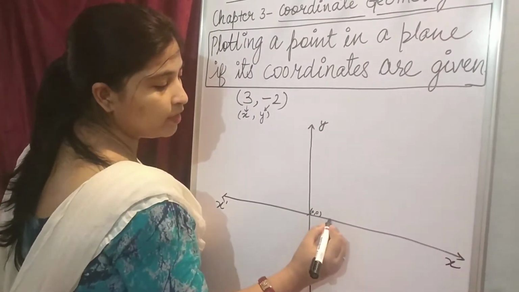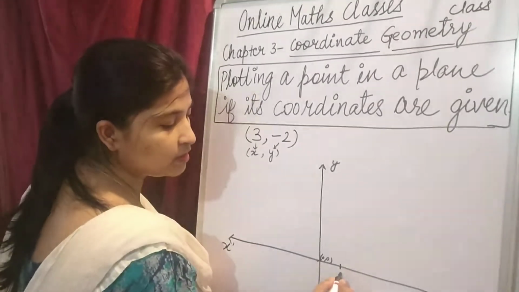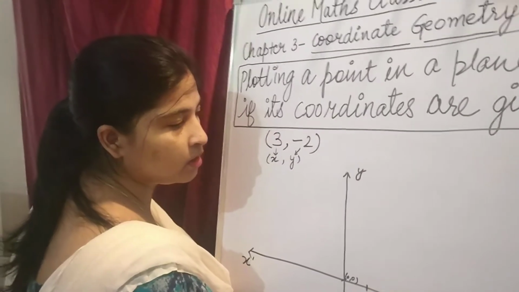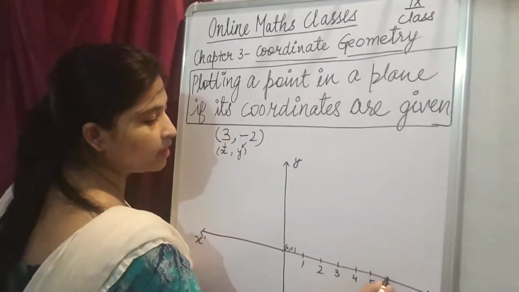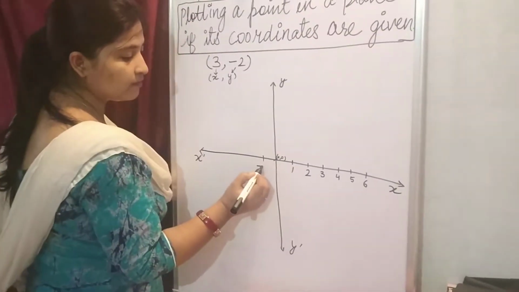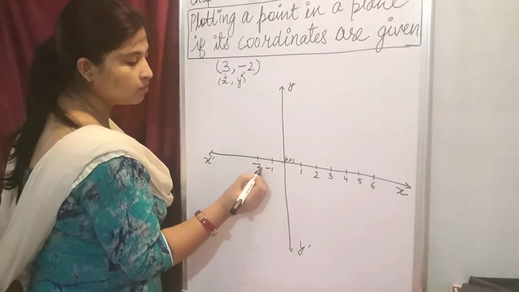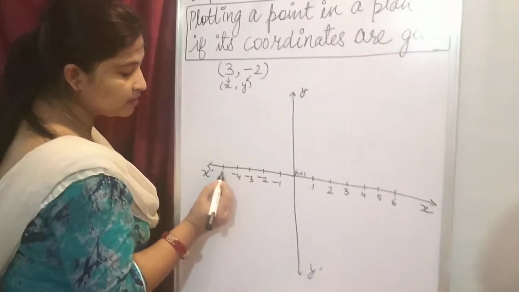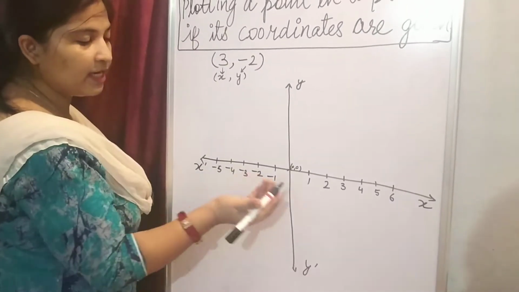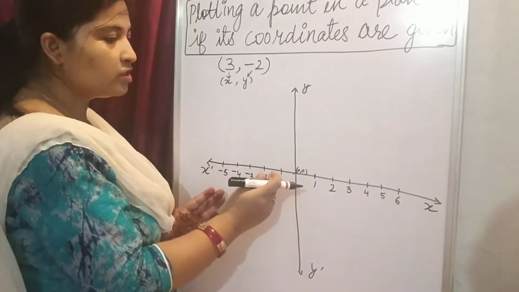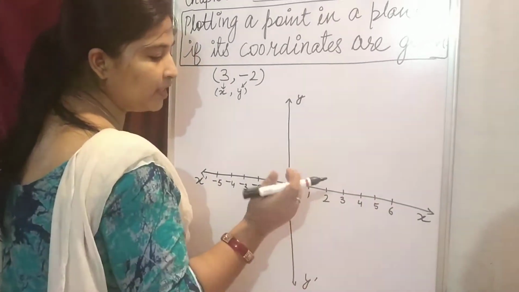Now you will take equal gaps with the help of a scale: 1, 2, 3, 4, 5, 6, or whatever is required. Then -1, -2, -3, -4. I have told you in the previous video that negative on the x-axis we always take on the left hand side and positive on the x-axis we always take on the right hand side.